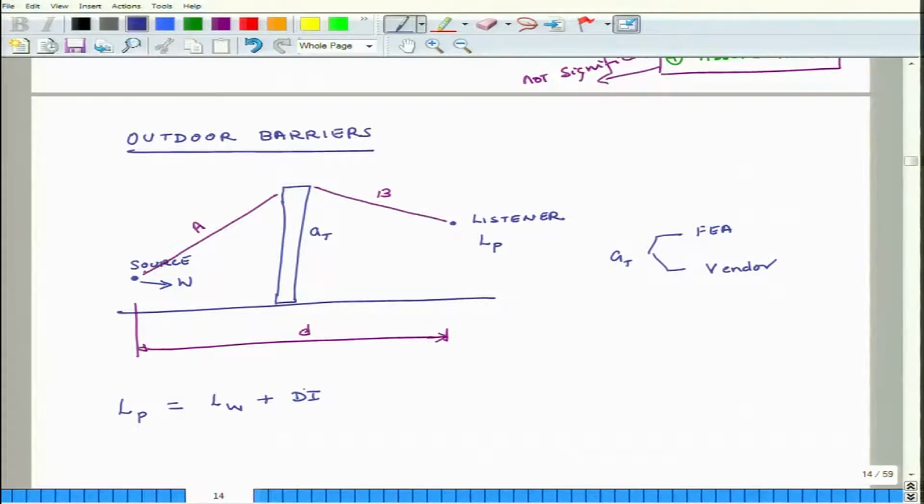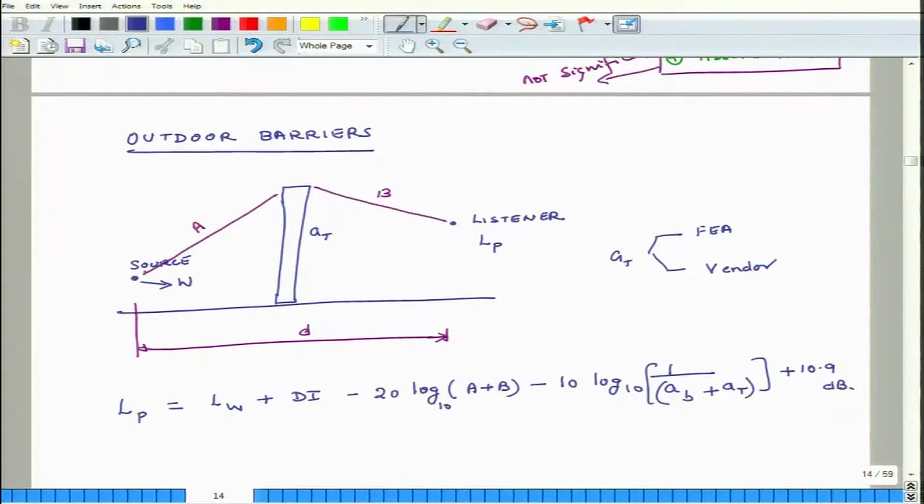And what is directivity index? It is 10 log of directivity factor, minus 20 log of A plus B, minus 10 log of 10. So, all these are to base 10, 10 log of 1 over AB plus AT, plus 10.9. So, this is again in decibels.